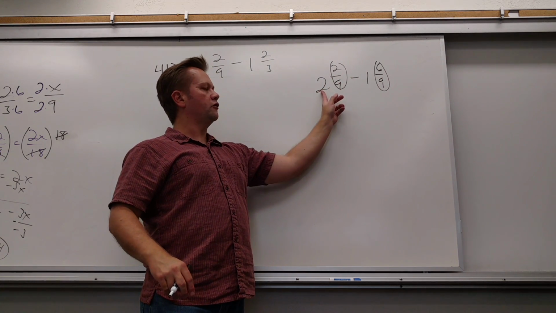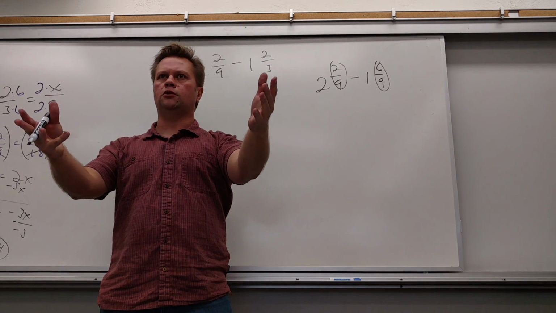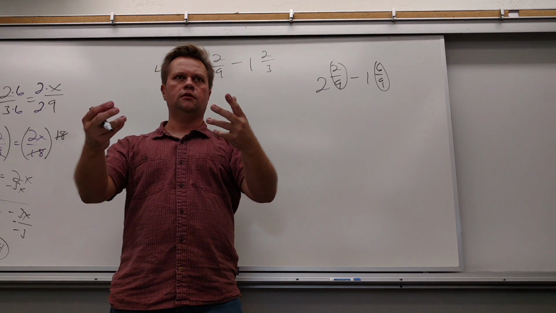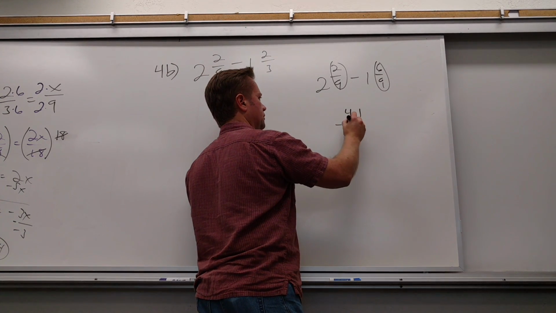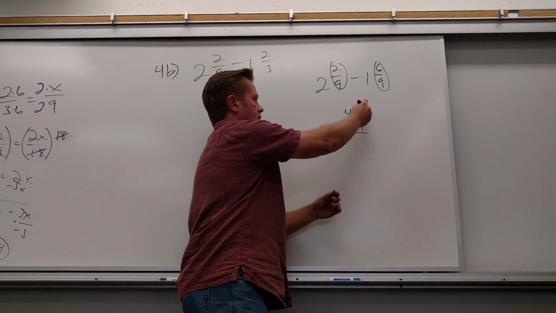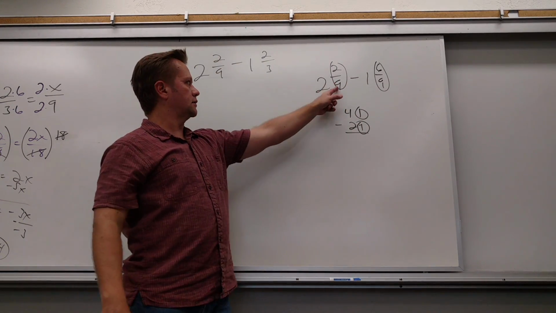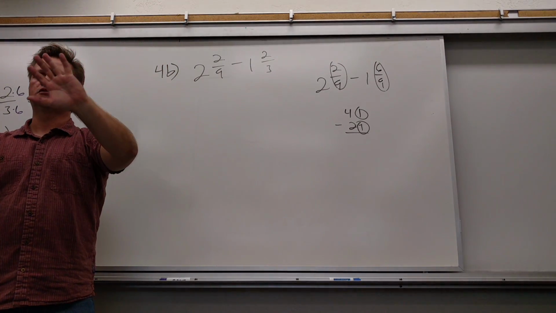So you'd have to borrow from the 2, but that's easy to make mistakes when you do that because it's not something we do all the time. It's the same thing as doing 41 minus 29. You've got to borrow, don't you? Because this is less than that. If you want to do that, feel free.